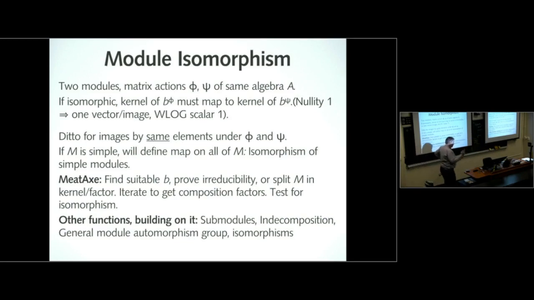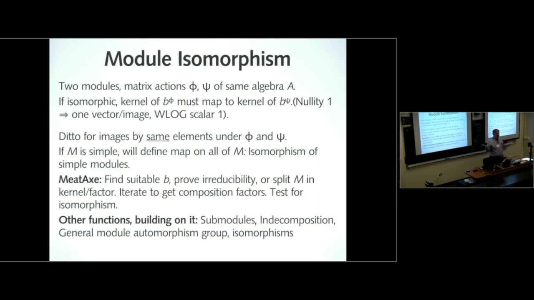And I said, one way of finding such a homomorphism is we find a submodule, and the homomorphism is the action on the submodule or the action on the vector module, whatever you prefer. And the meataxe gives us some way for finding such submodules.